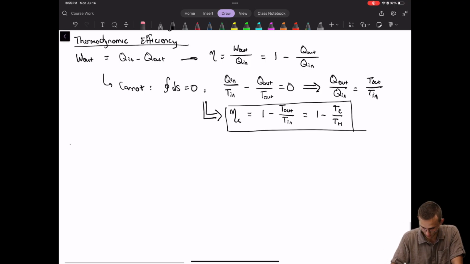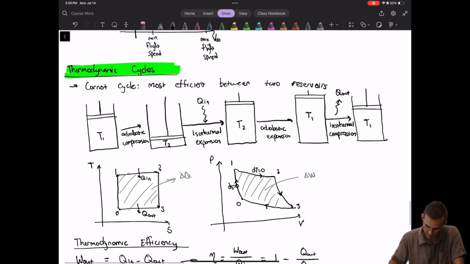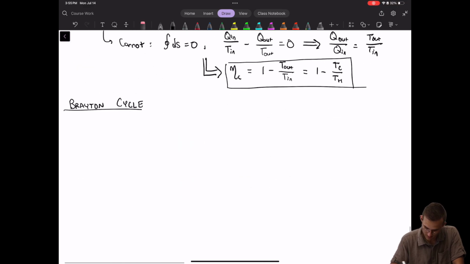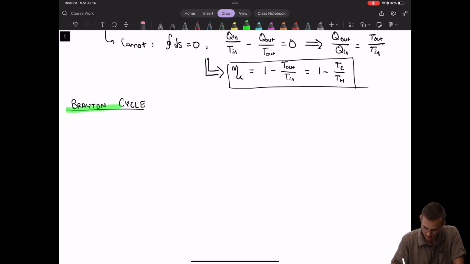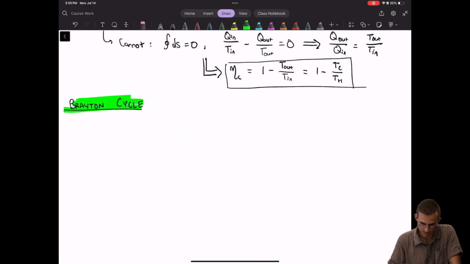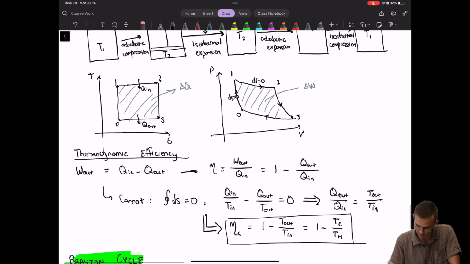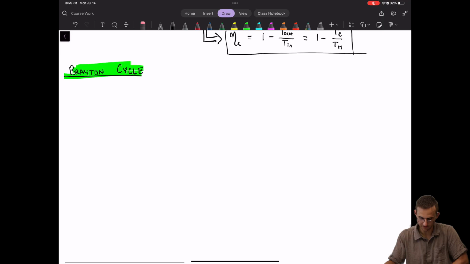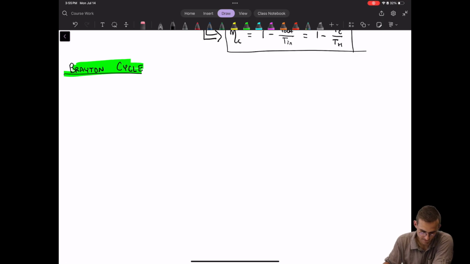Another very important one for propulsion is the Brayton cycle. So the Brayton cycle, I'm going to draw the same sort of pistons here.